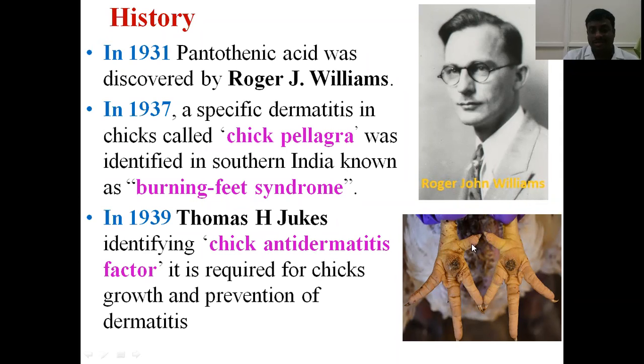Here you can clearly see the symptoms: a dermatitis problem of the foot of the hen. When they are given pantothenic acid, it is cured, so it was given the name chick anti-dermatitis factor. What is it? Vitamin B5, pantothenic acid.